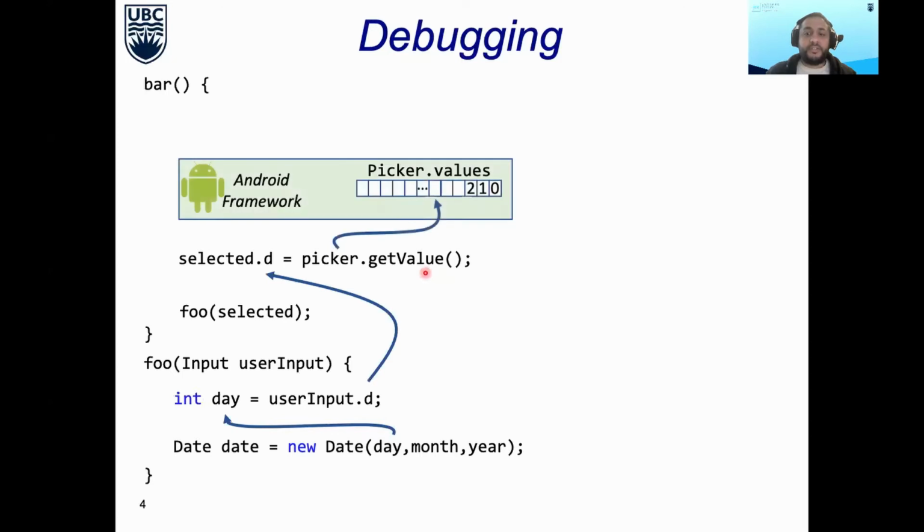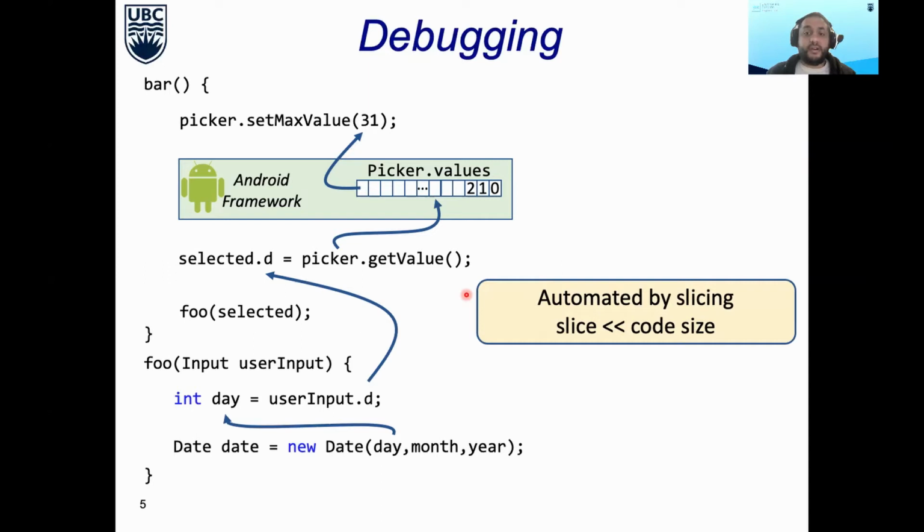And the value is picked from an array inside the picker framework code, which is created as an array from 0 to a maximum value set by the developer. In this case, the value set by the developer is 31, which causes the crash as the user should not be allowed to enter 31 for the month of February.